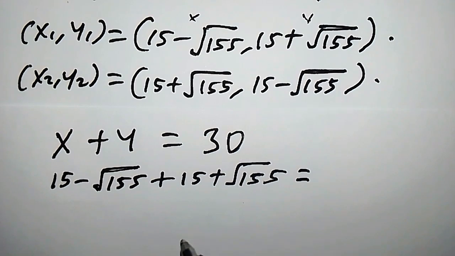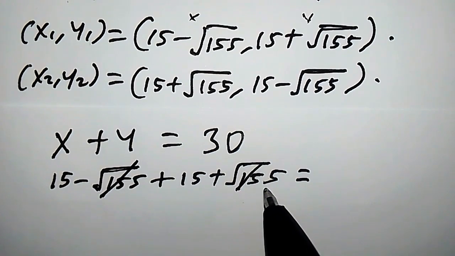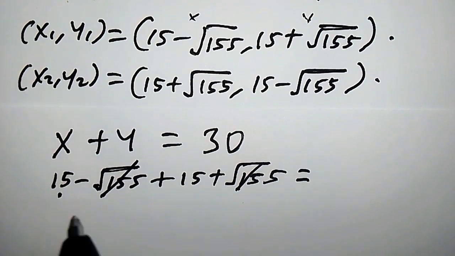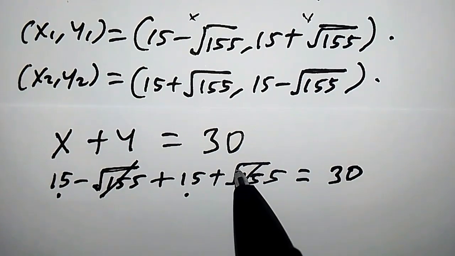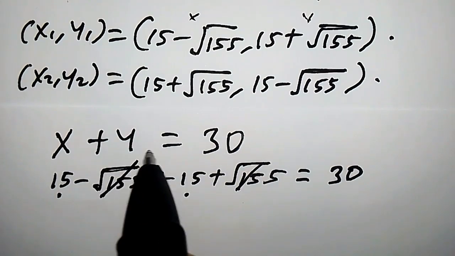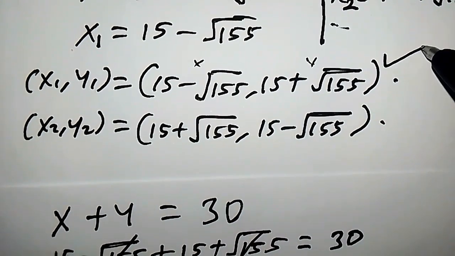So it is obvious that minus root 155 cancels plus root 155. We are left with 15 plus 15, which is simply 30. This is exactly what we have on the right hand side of equation 1. This shows that the first solution is actually correct.